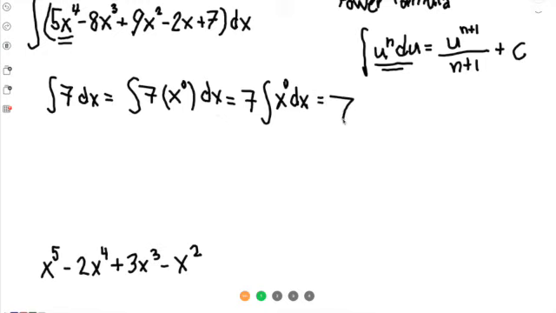multiplied by, this would be x to the 0 plus 1. So meron lang tayong x divided by 1 plus our constant of integration c sub 5. So the answer would be 7x plus c sub 5.